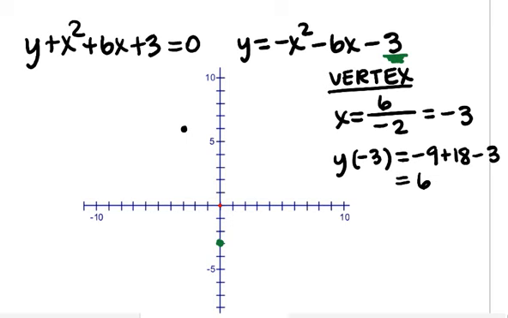So I'm going to go 3 to the left of the vertex and also go down to negative 3. And then I'm going to connect the dots and make it look like a parabola. Okay, so there we have another good graph.